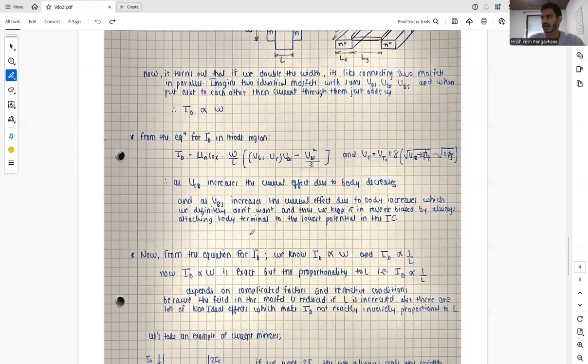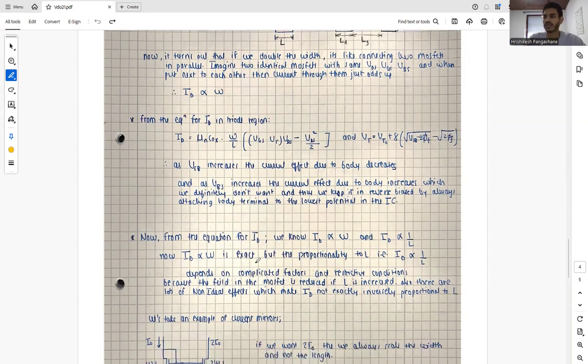But the proportionality of ID with L is inverse, and this depends on some complicated factors and restrictive conditions, because the field in the MOSFET is reduced if L is increased. Also, there are lots of non-ideal effects which make ID not exactly inversely proportional to the length of the device.